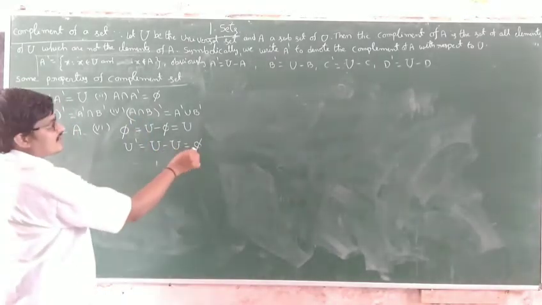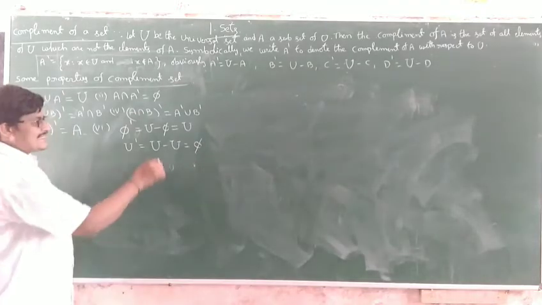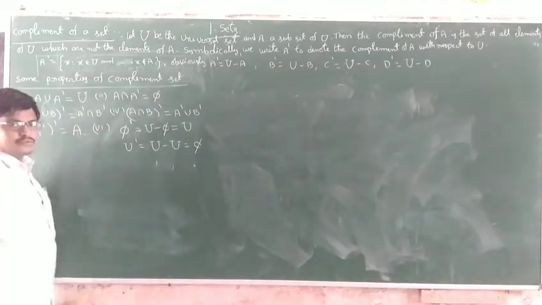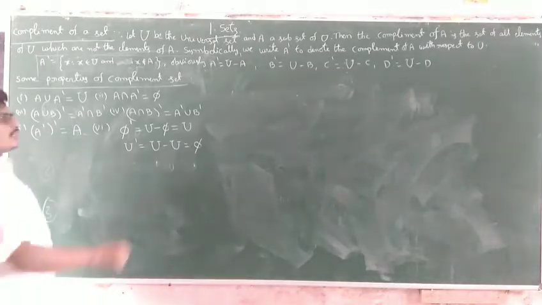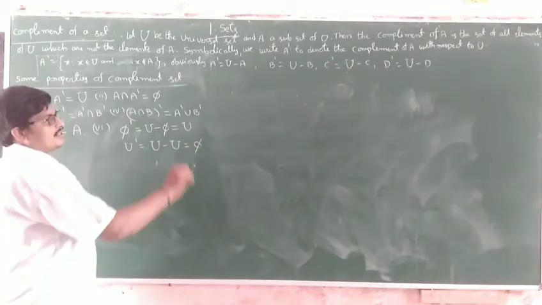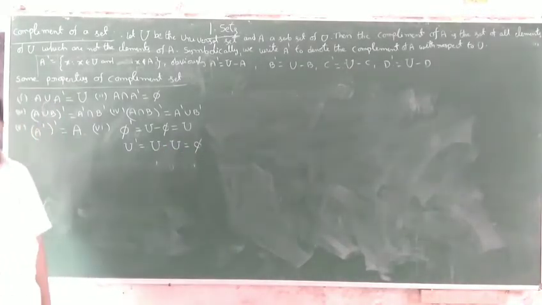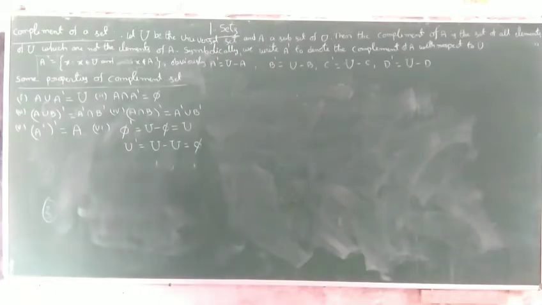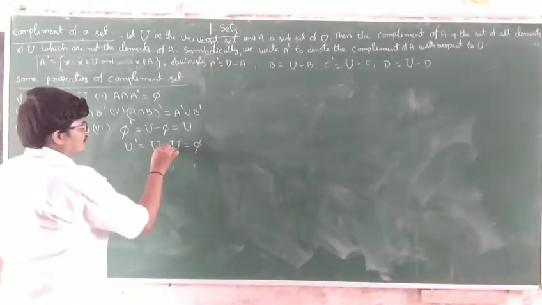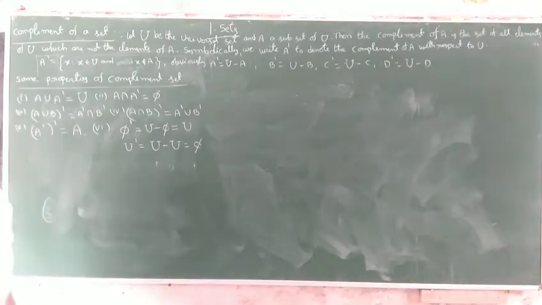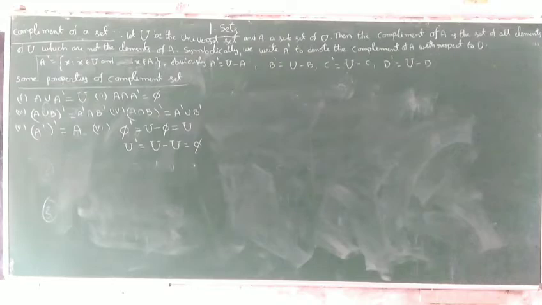Universal minus universal is not zero, because the difference of two same sets is the empty set. Zero is not a set. So these are the properties of complements of subsets.